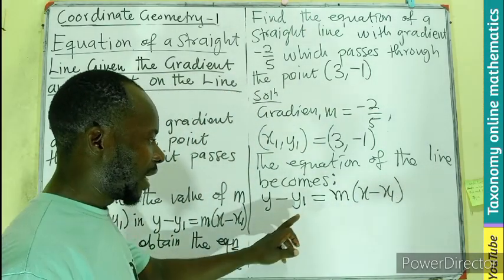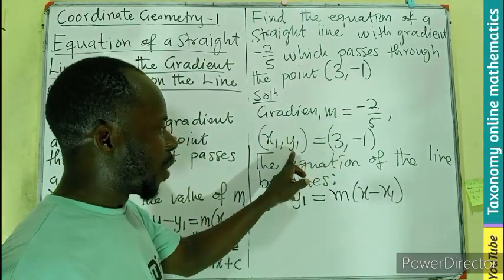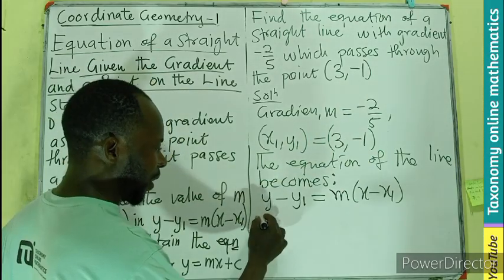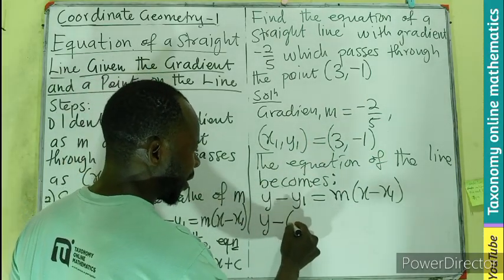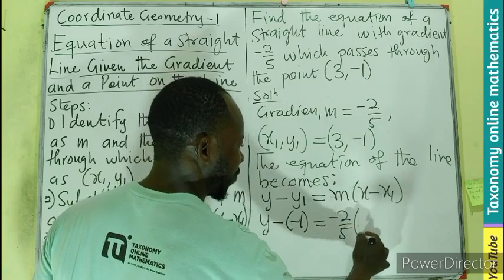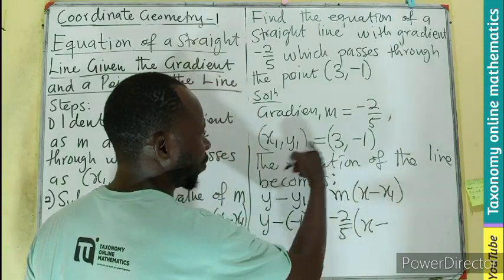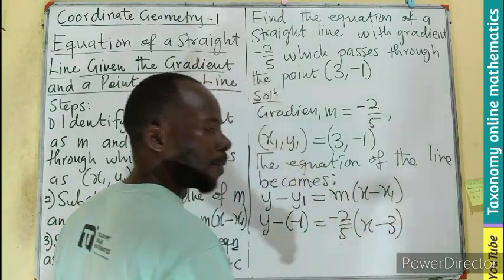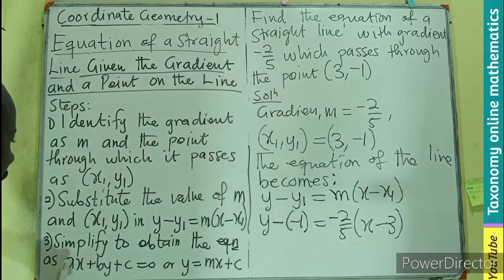Substitution will take place here. y1 is the second point. So I'll be having y minus negative 1 equals minus 2 out of 5 times x minus x1, which is 3.